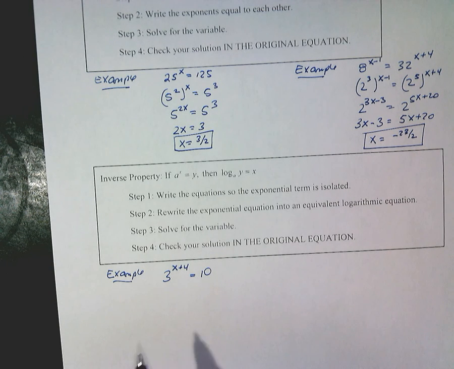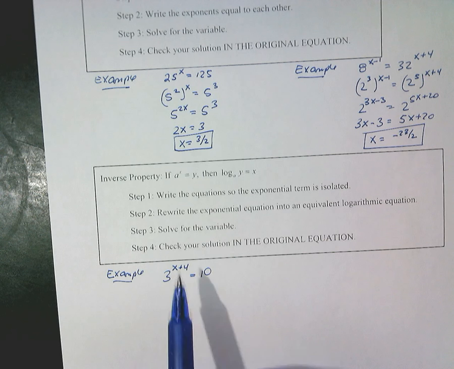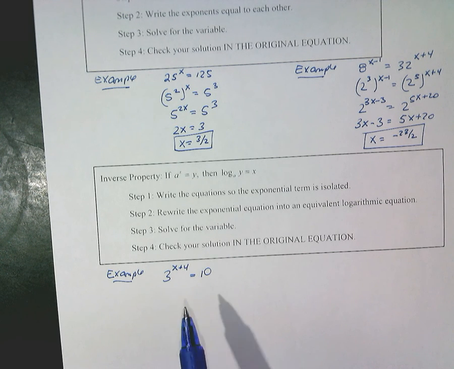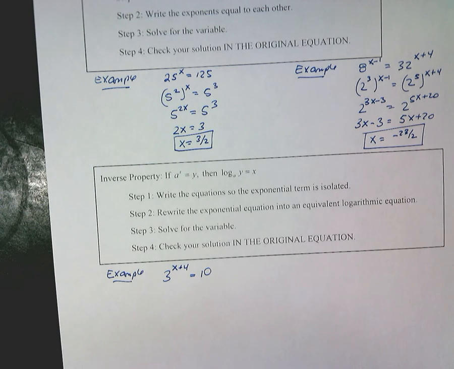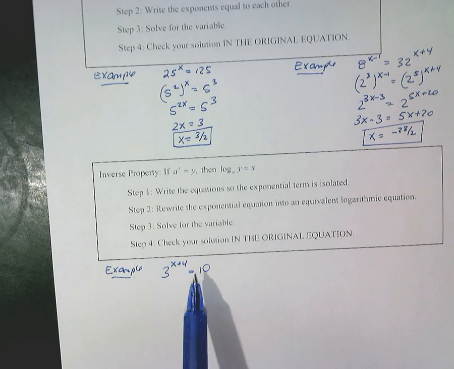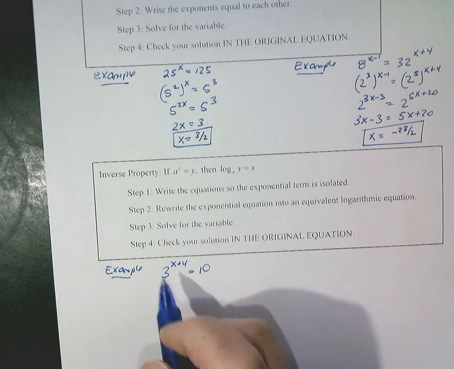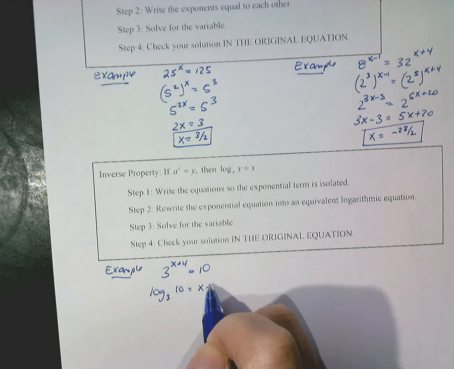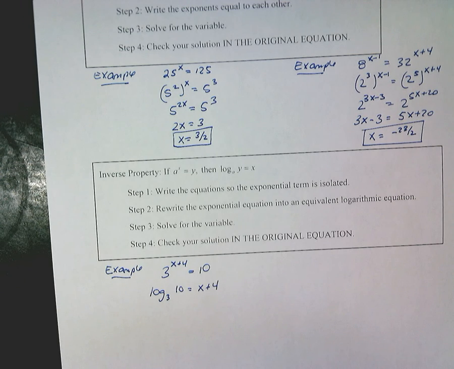So I have to write the equation so the exponential term is isolated. In this case, the exponential term is isolated. 3 to the x plus 4 has nothing on the outside of it, nothing multiplied by it, nothing added or subtracted from it. So I can rewrite this exponential equation as a logarithmic equation. So I have log base 3 of 10 equals x plus 4.